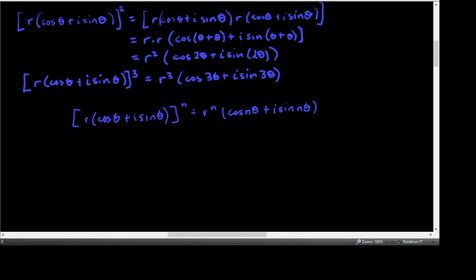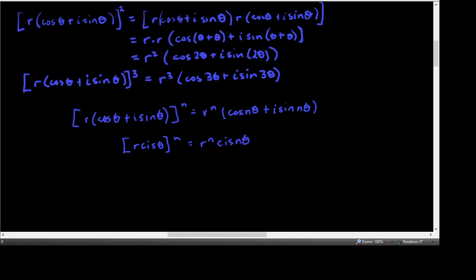And the compact form of that, r cis theta raised to the nth, is r to the nth cis n theta.